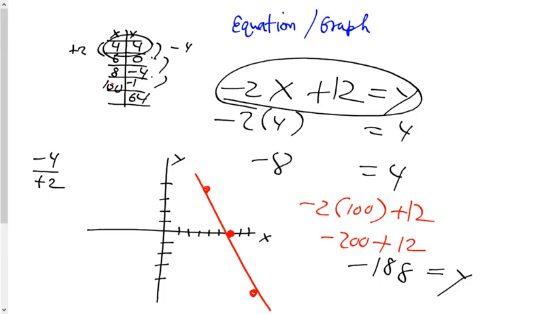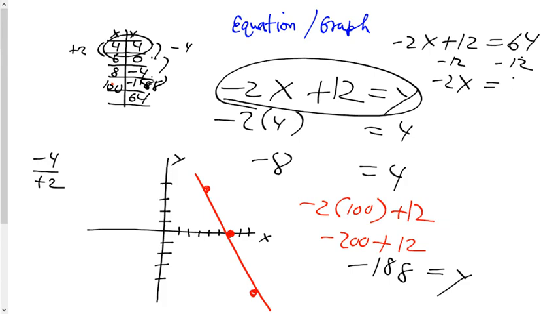So your y value is negative 188. And then when y is 64, just take your equation, substitute 64 for your y, and then use your algebra sense to solve. Minus 12 to both sides. 52, divide both sides by negative 2, and x will equal a negative 26, which goes there.